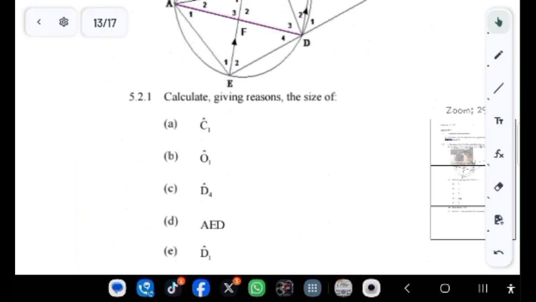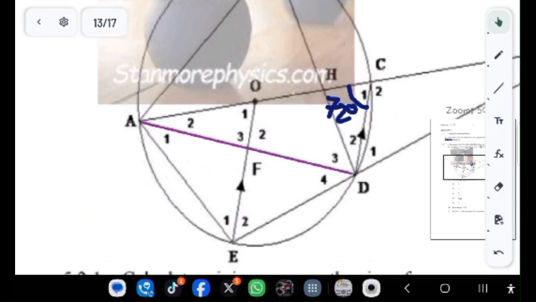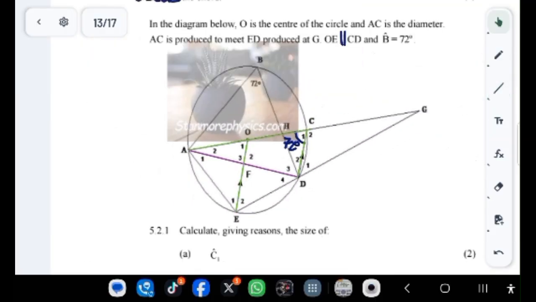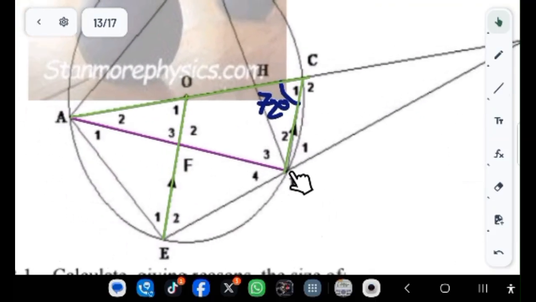Angle O1 and angle C1 are the same angles, forming corresponding angles because of the two parallel lines. OE is parallel to CB.